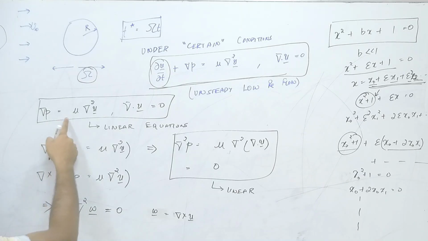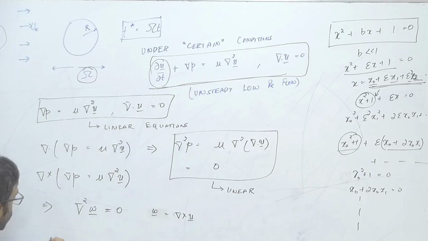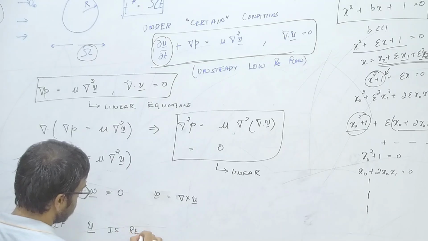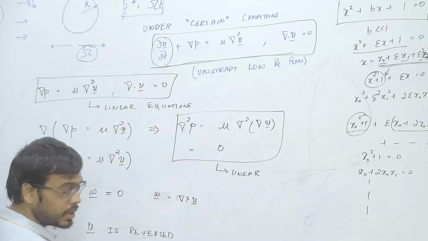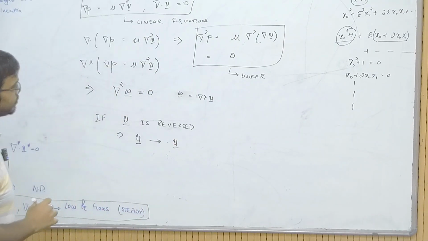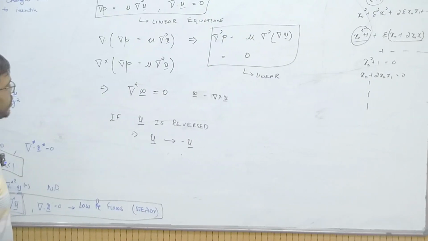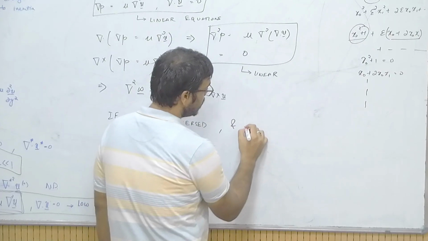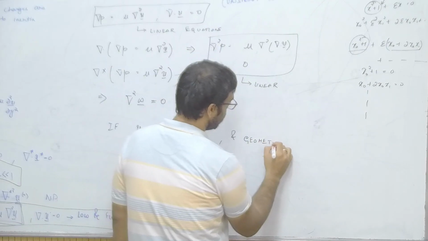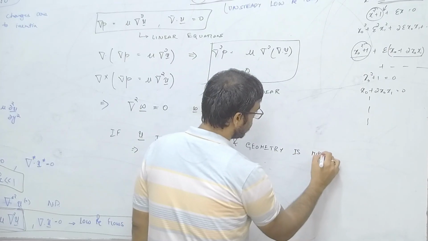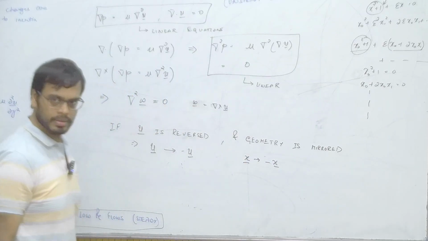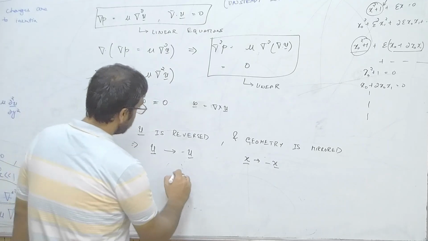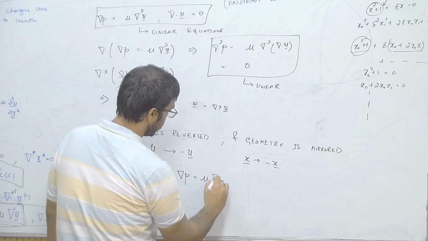Another interesting thing about these Stokes flows is that if velocity is reversed, that is u is replaced by minus of u, and let us say geometry is mirrored, that is x goes to minus of x, then again this equation will be satisfied.